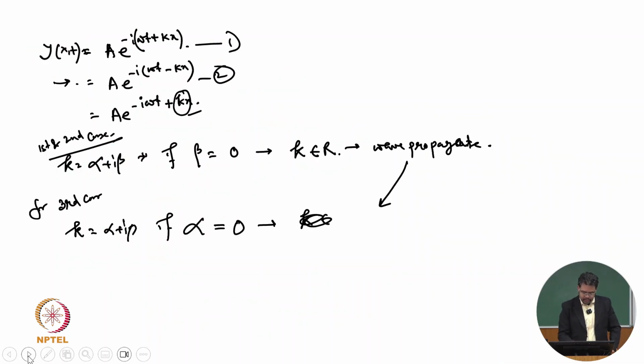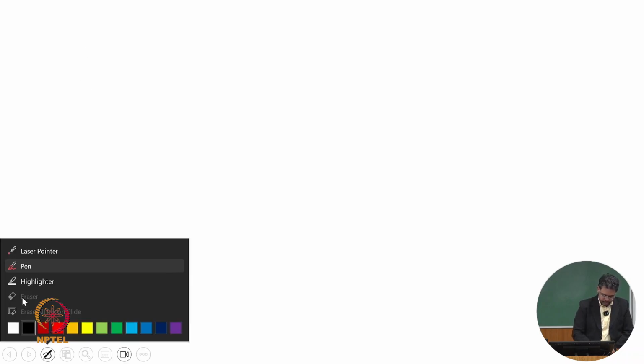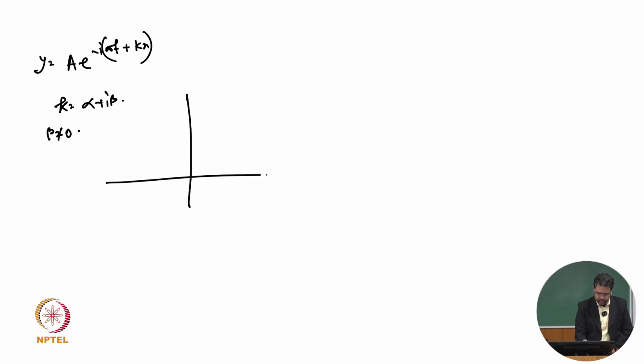So if I try to plot it clearly, suppose I am writing it like, sorry, so much overwriting, y equal to a e to the power of minus I omega t plus kx. So here kappa equal to alpha plus I beta and beta not equal to 0. So in that case, what is happening here?